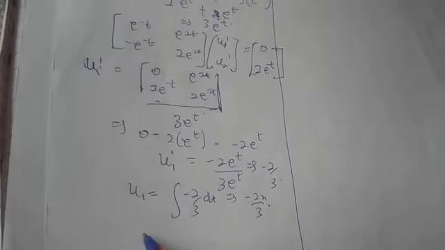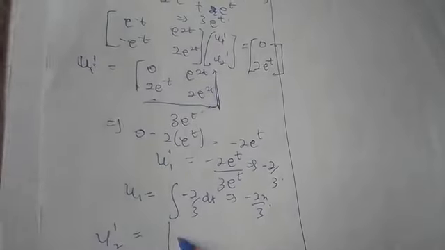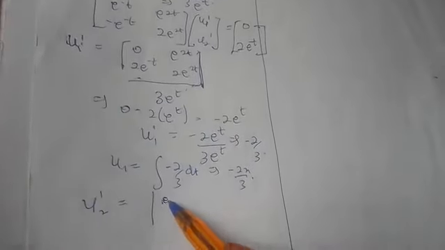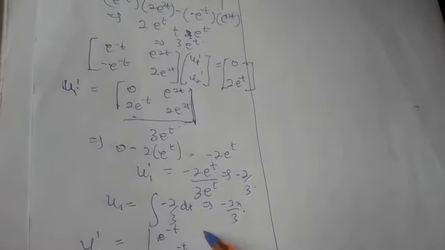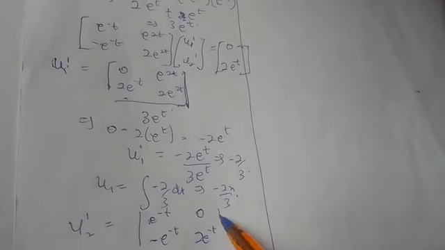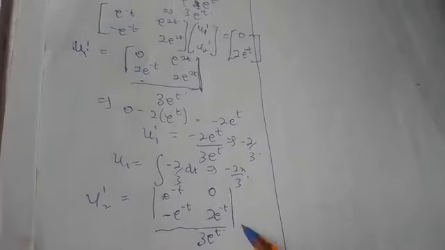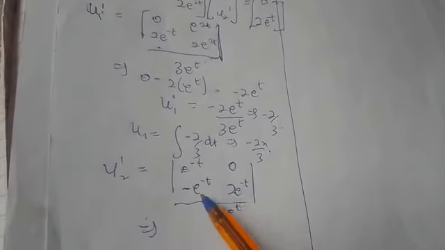Now, coming back to u2, applying Cramer's rule, u prime 2 will be equal to the determinant of, now I'm going to maintain this, e to the power negative t, then below it is going to be negative e to the power negative t, but here will rather be 0, 2 e to the power negative t, like this, all over my Wronskian, 3 e to the power t. So once I have this, I know that this times this minus this.